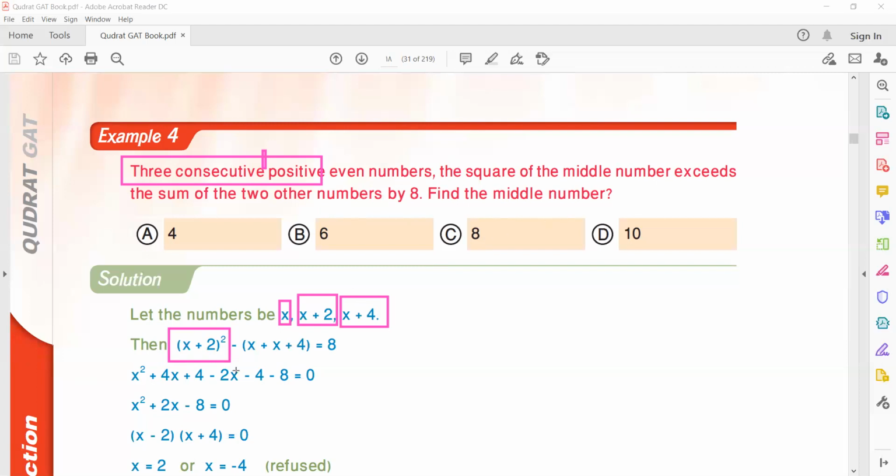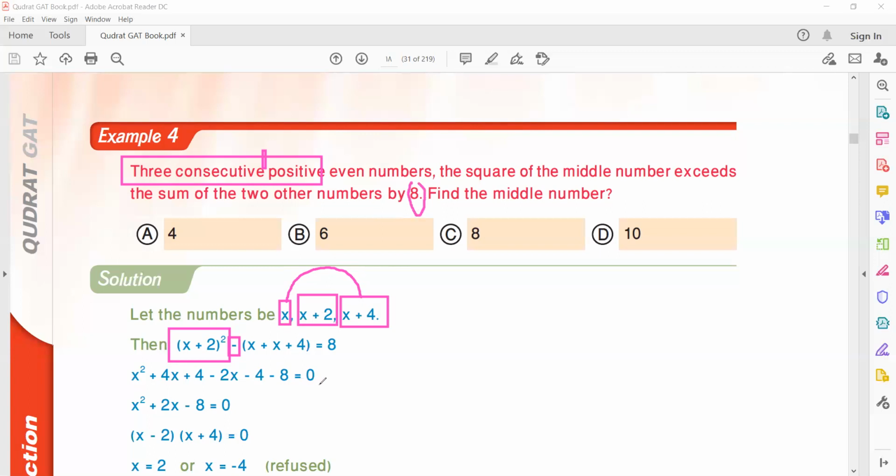He said exceeds, so you put minus, and the other, you add the other ones, x plus x plus 4, equals what? Equals 8. Okay, now I use this equation.